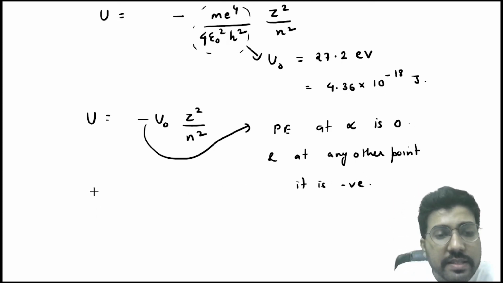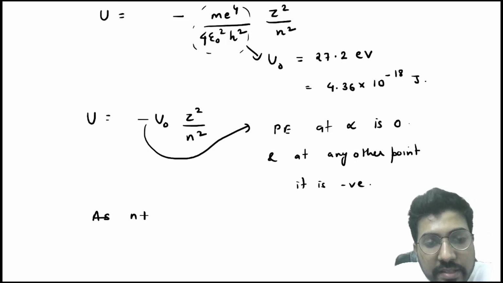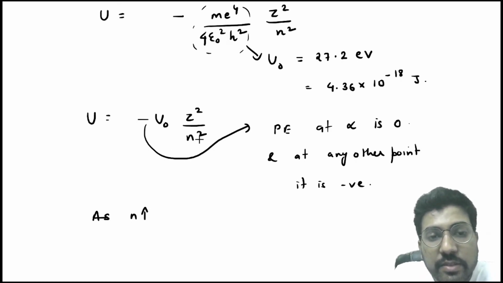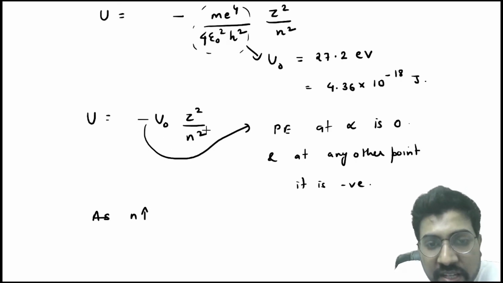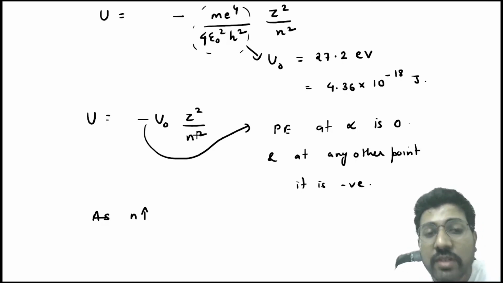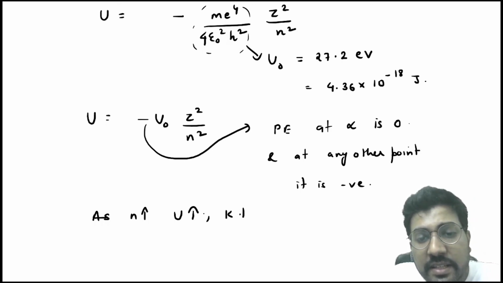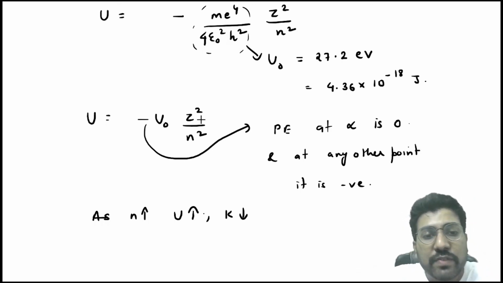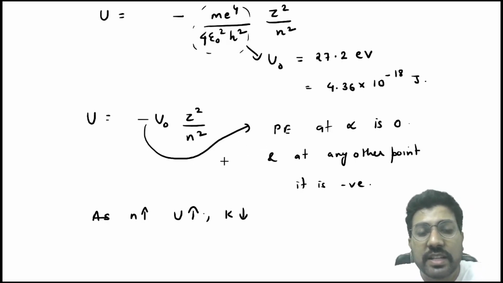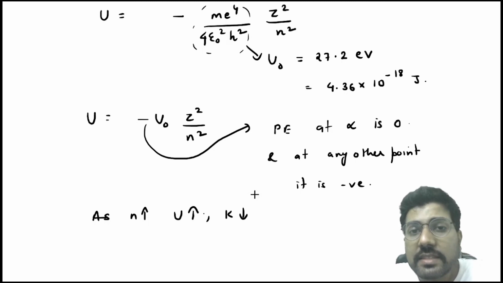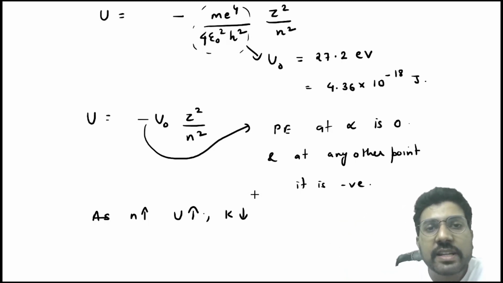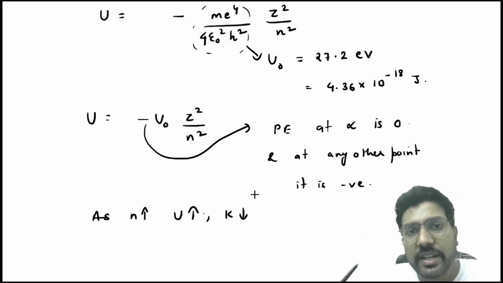Okay, that means as n increases, you will think that potential energy should decrease, but no, it is not decreasing because there is a minus sign here. Potential energy increases. Yes, the kinetic energy decreases because it is a positive value. So kinetic energy will keep on decreasing, but potential energy will increase. Infinity has zero potential energy, and that is the highest potential energy.